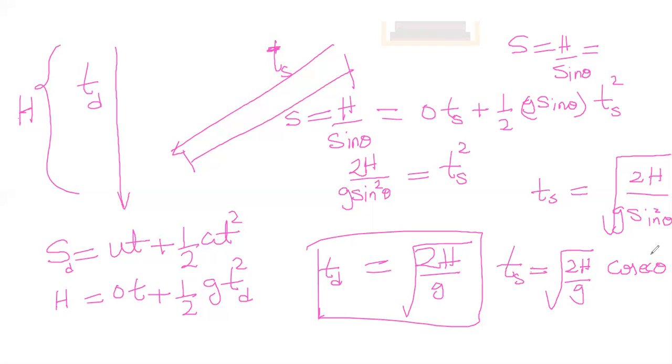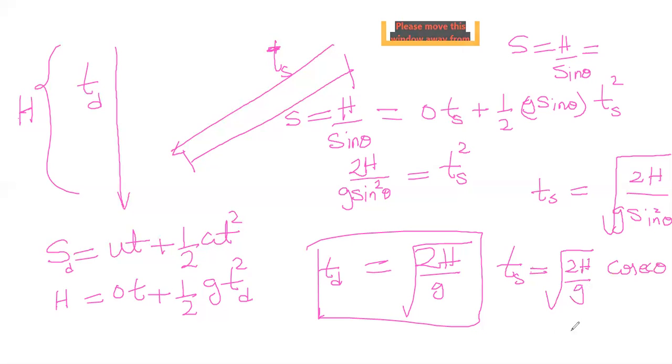Now tell me, is TS greater or TD greater? Obviously TD is greater, because as the value of the slide angle increases, what happens to sine theta? At a higher angle, sine theta increases. But cosecant theta decreases, sir, no? Sine 90 is very high. Sine 0 is very less. But cosecant is the reverse of sine theta.